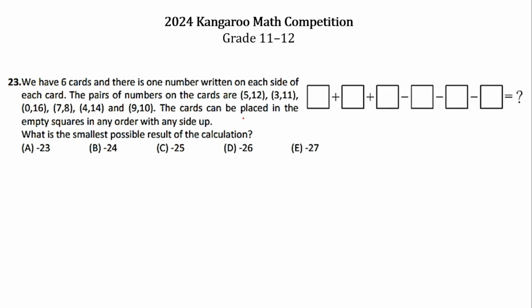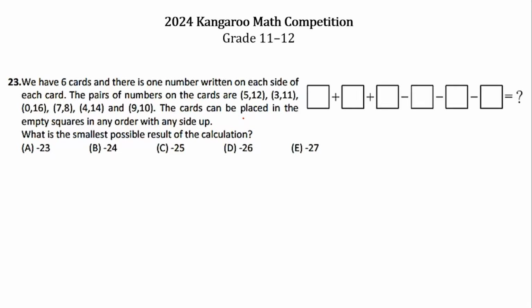Let's have problem 23. We have 6 cards, and there is one number written on each side of each card. The pairs of numbers on the cards are 5, 12, 3, 11, 0, 16, 7, 8, 4, 14, and 9, 10. The cards can be placed in the empty squares in any order with any side up.